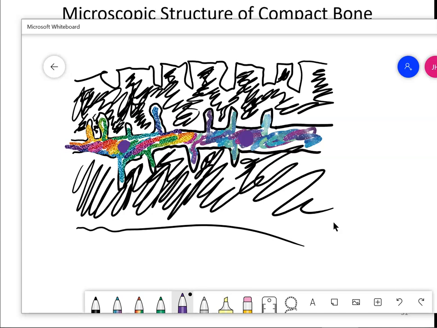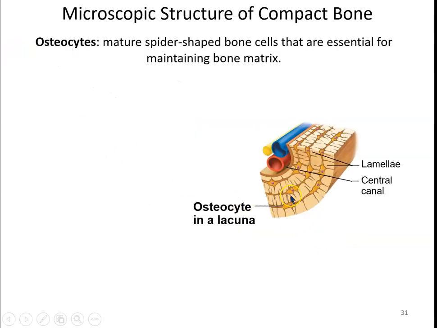So what you will see in the pictures is this strange, spider-like appearance, they say, of the osteocytes, and that's because of the little cracks in the lamellae. And the idea is that the osteocytes are in close contact with the mineral surfaces of the bone.